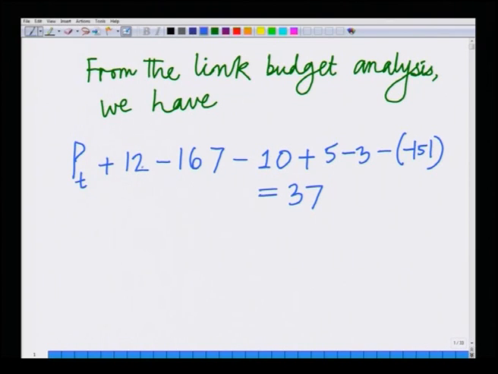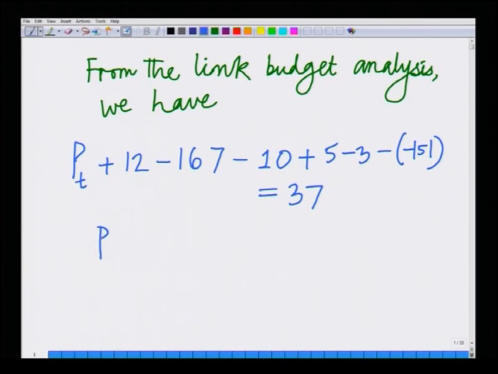Remember, 12 is the transmit antenna gain, 167 is the median path loss, 10 is the margin, 5 is the receive antenna gain, minus cabling losses, which are 3 dB, minus receiver noise plus interference, which is minus 151, equals 37, which is the required SNR.